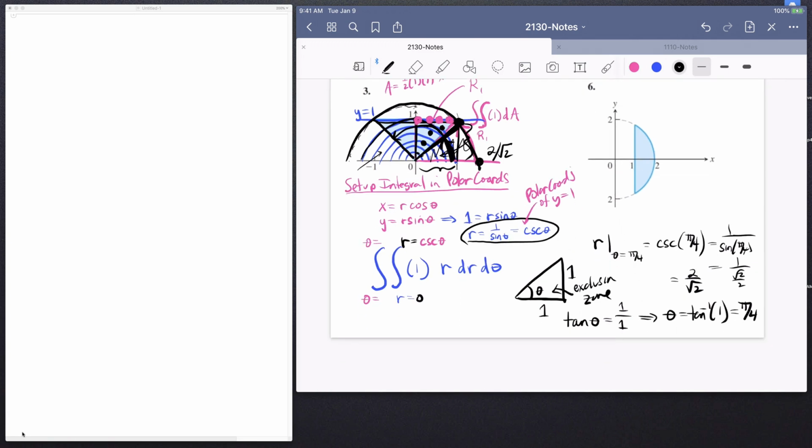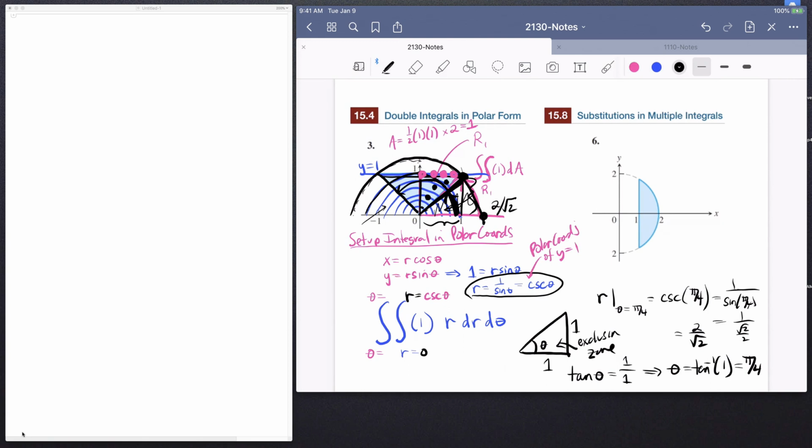The point being that we now know theta goes from pi over 4, and it extends up to pi over 2, and then up to 3 pi over 4. So this region right there is from theta equal to pi over 4 up to theta equal to 3 pi over 4.